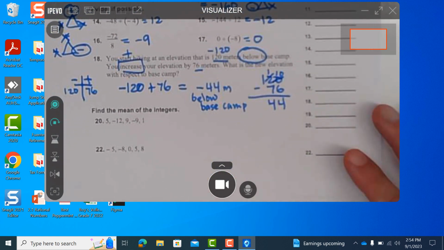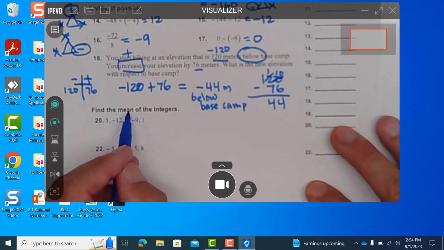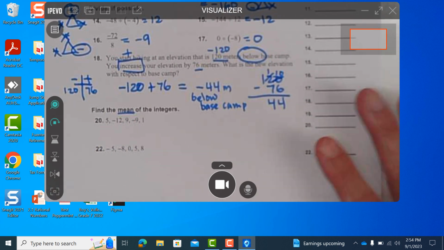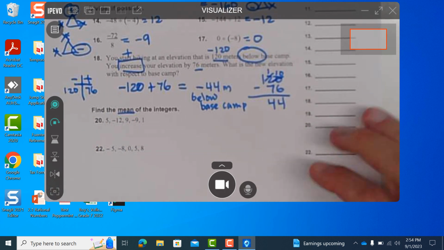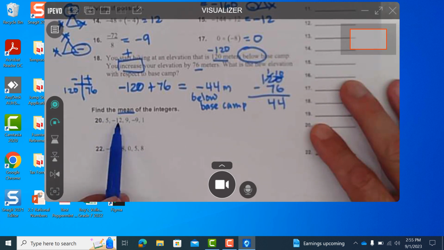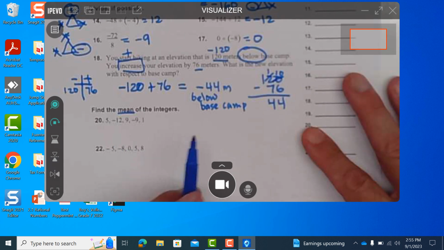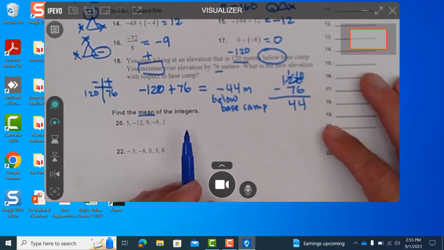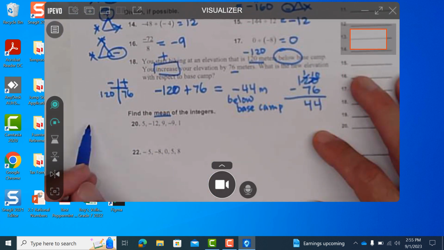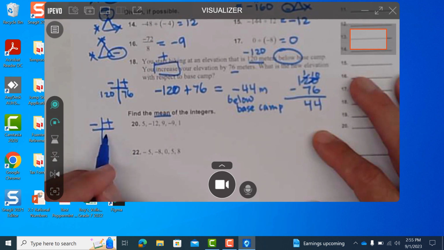20 and 22, we are looking for the mean of the integers. All we're doing is adding those integers up and dividing by 1, 2, 3, 4, 5 numbers. So since we have negatives mixed with positives, we'll go ahead and build a T-chart off to the side. I have 5 positive, 12 negative, 9 positive, 9 negative, and 1 positive.